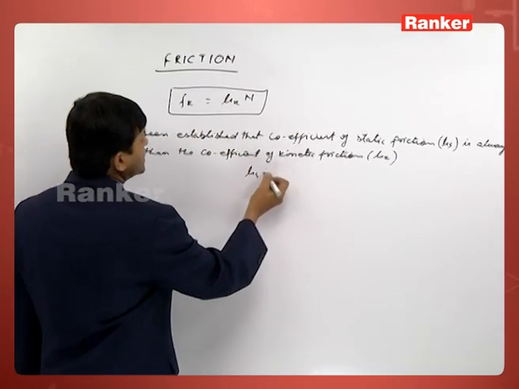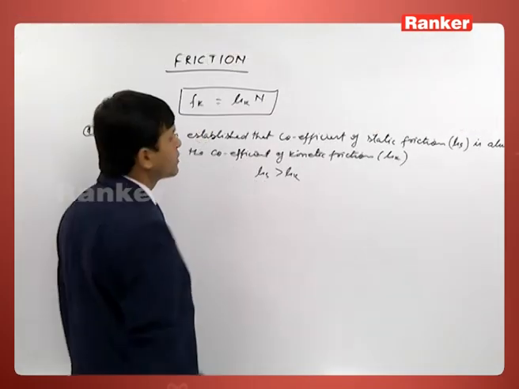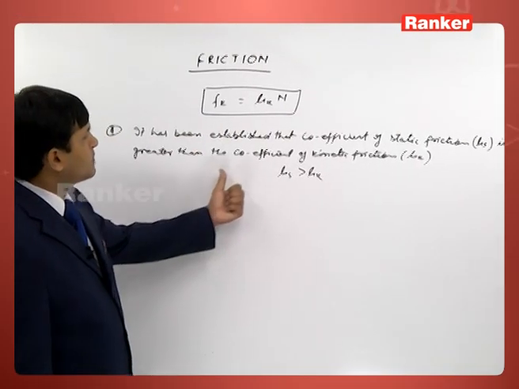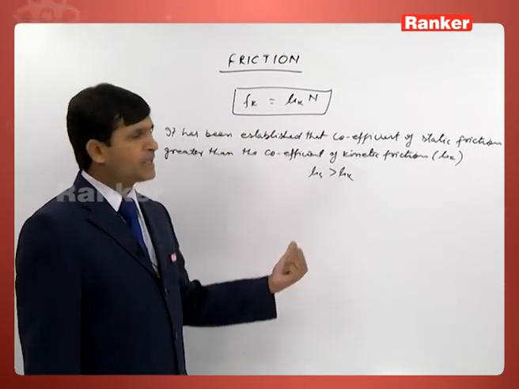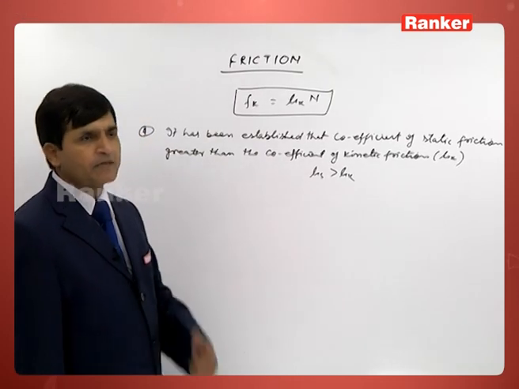It means mu s is always greater than mu k. So the maximum value of friction force is the maximum value of static friction force.